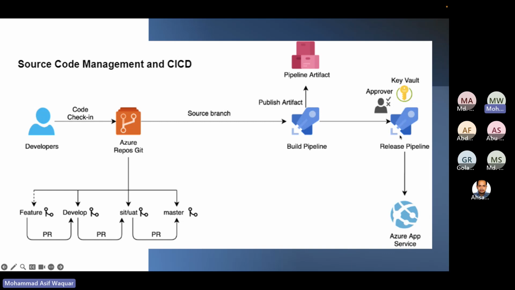I chose this demo because in most development scenarios, the first issue we get is how we can secure our connection strings, and there are various ways to do that. So today I am going to explain how we can secure our connection string with the help of Azure Key Vault and the DevOps pipeline.